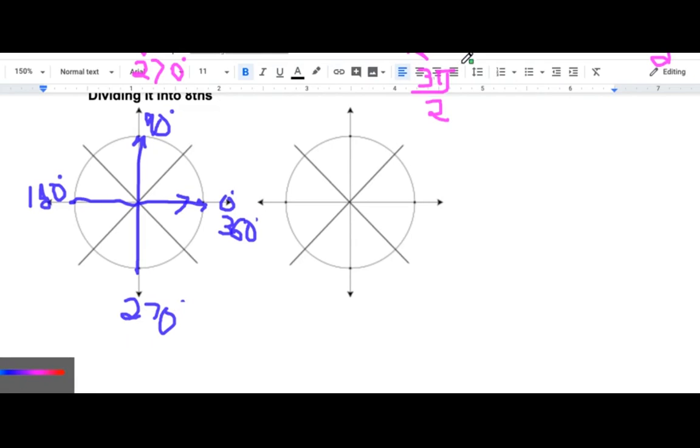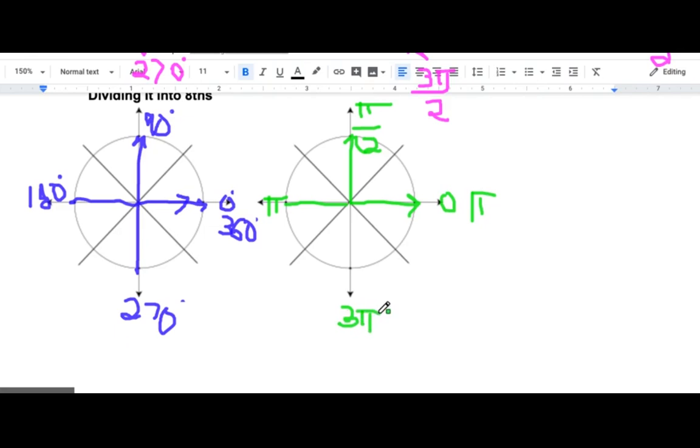I'm going to come over here and do what we knew in our radians. So I'm not going to write 2 pi over 2 because that just reduces to pi, and the most reduced form is always the best one. Again, I'm not going to write 4 pi over 2 over here because it's just the same thing as the 2 pi's.